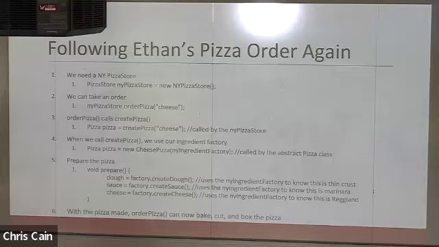But since this is not doing that, we're not overriding the base way to cut the pizza. So it cuts it up and boxes it like a New York style pizza. It's then returned to the New York pizza store as a pizza object and then passed back to Ethan, who can then go consume it.